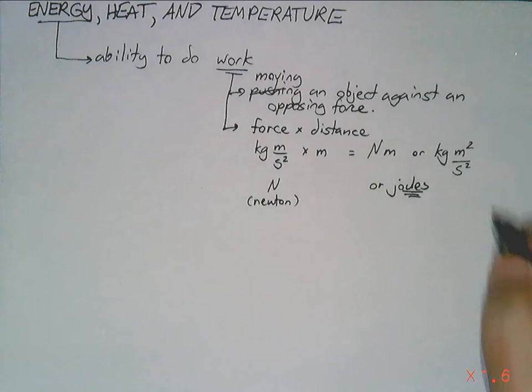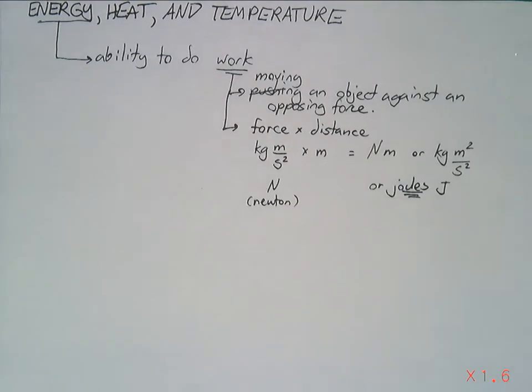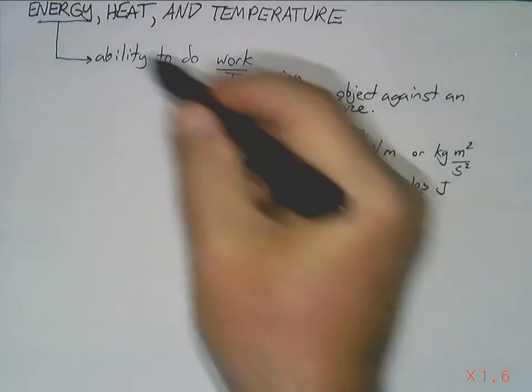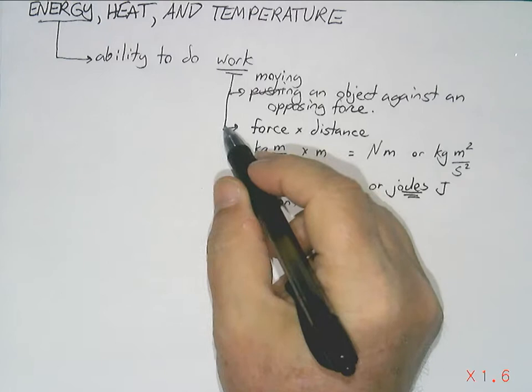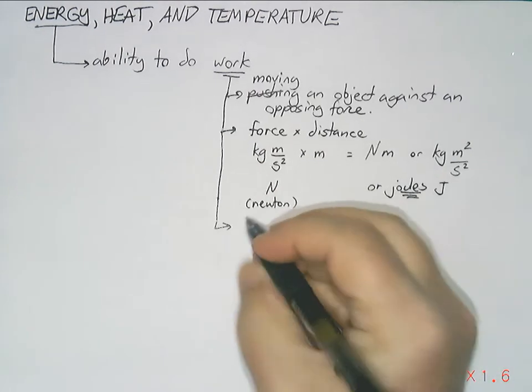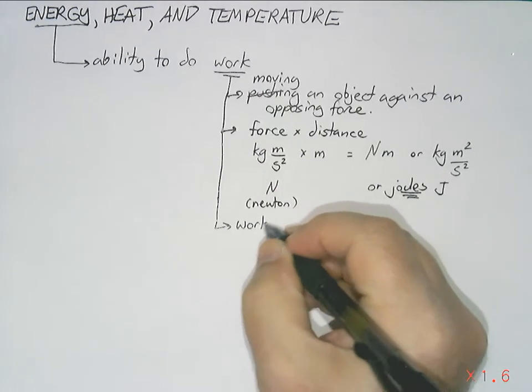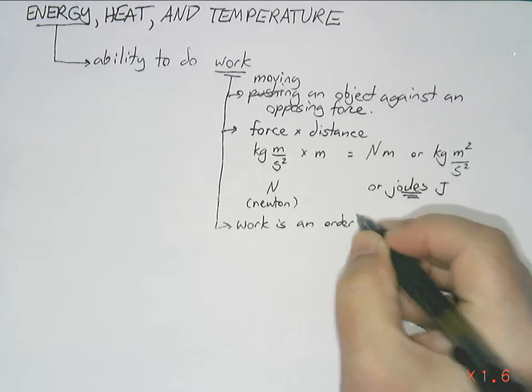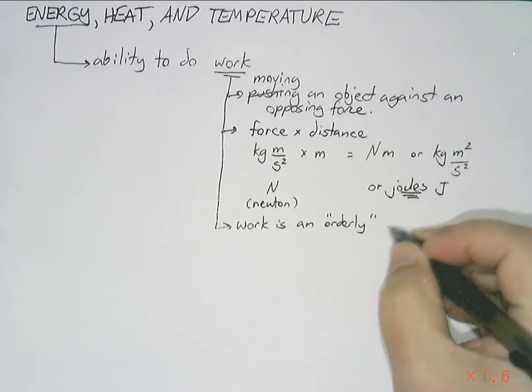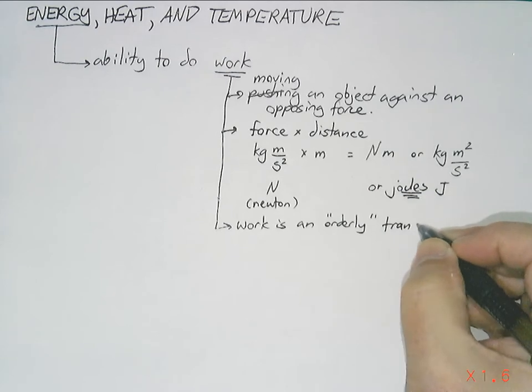So joules, which has an abbreviation J, are the unit of energy. And the units of work are the same as the units of energy then. Work is an orderly transfer of energy.